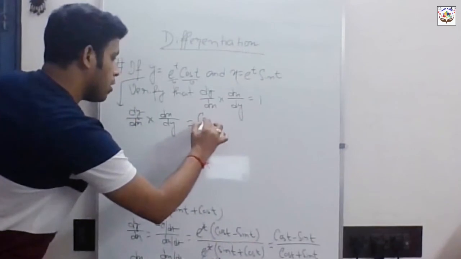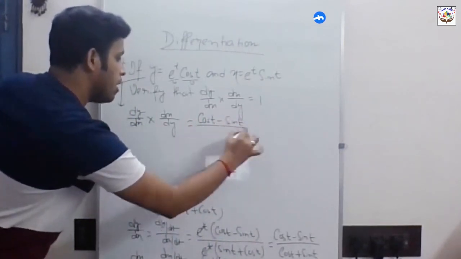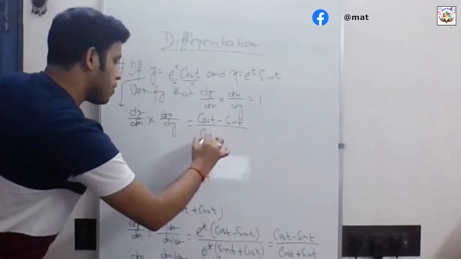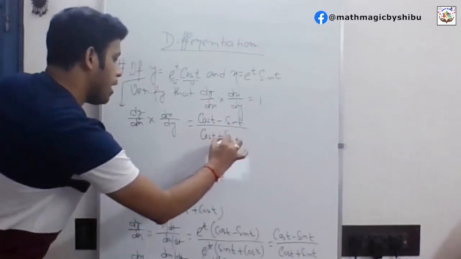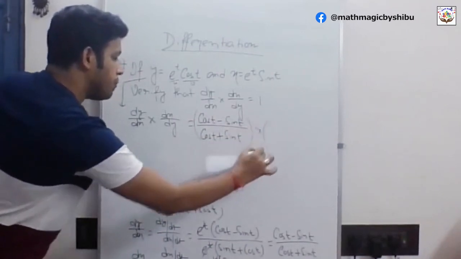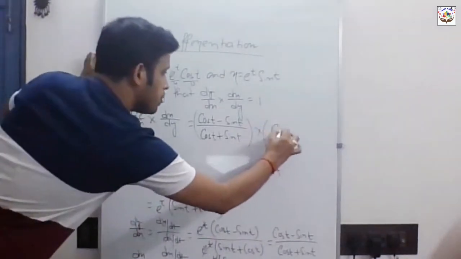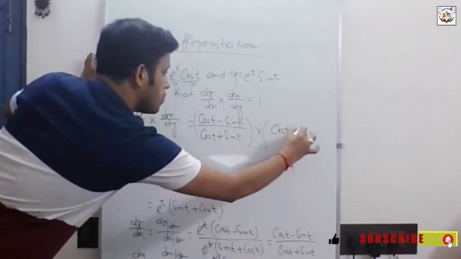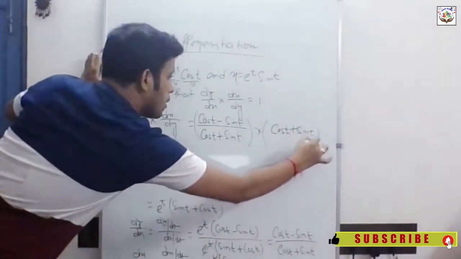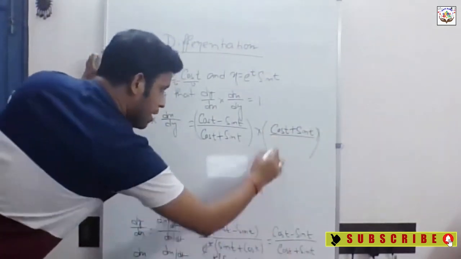So cos t minus sin t divided by cos t plus sin t into cos t plus sin t divided by cos t minus sin t.